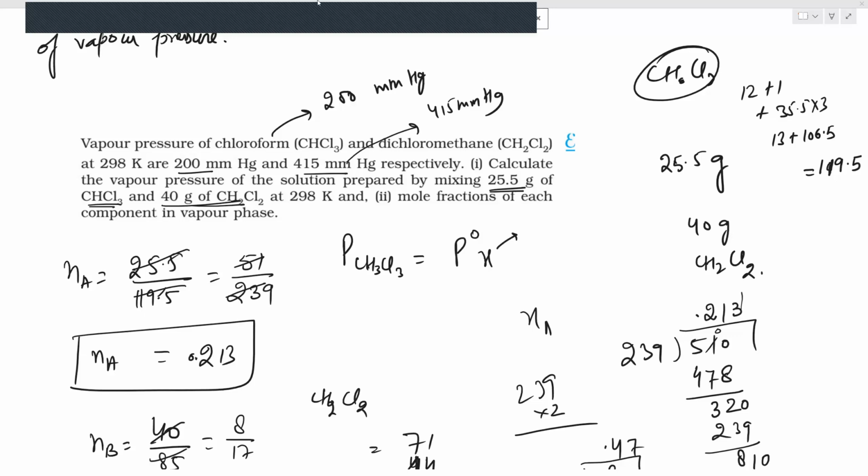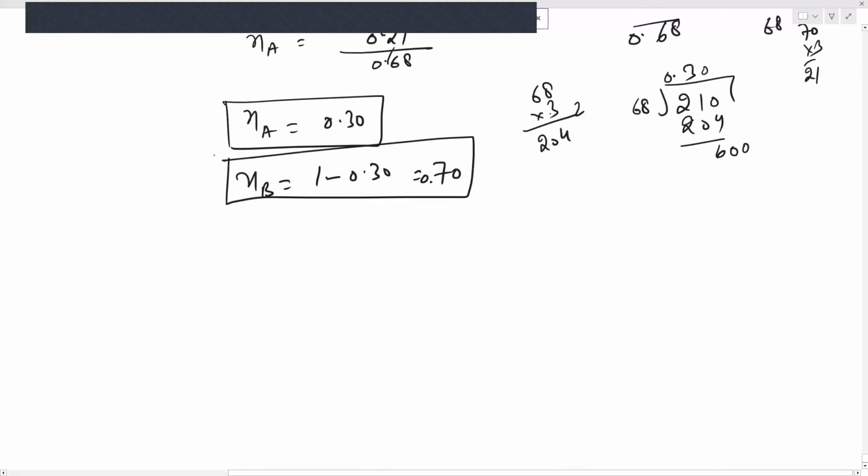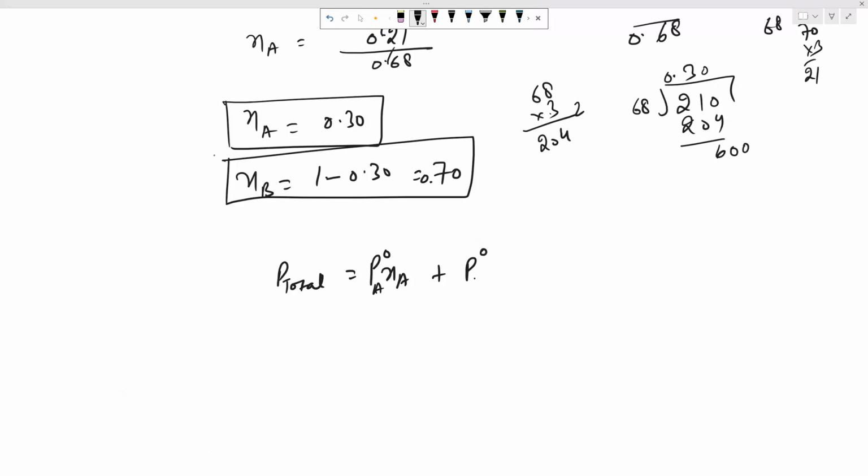Okay, you read the question. So what was your P total? P total is equal to P naught A into XA plus P naught B into XB.